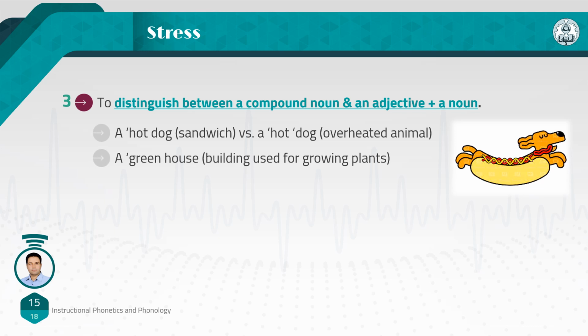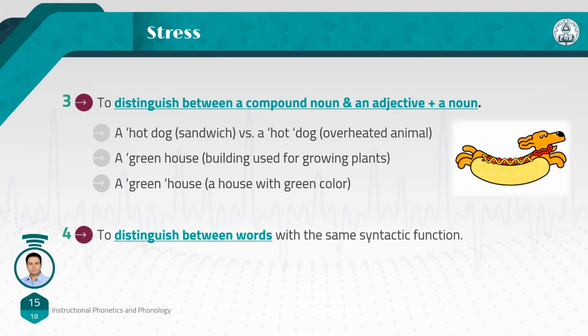A greenhouse, which is a building used for growing plants, versus a green house, meaning a house with green color. So compound nouns have a single stress on the first element, as you can see. For example, hot dog or greenhouse. And the adjective plus noun phrases have a stress on both elements. For example, a hot dog or a green house.